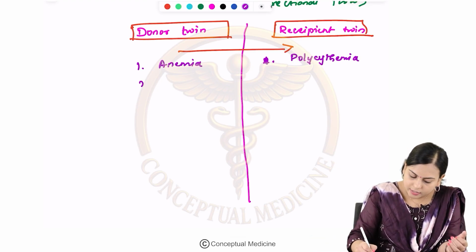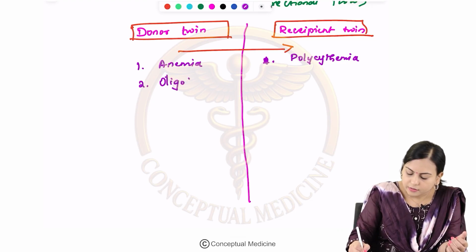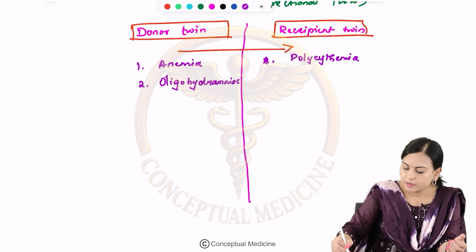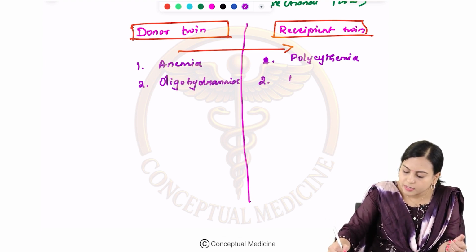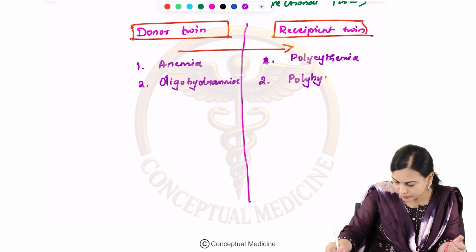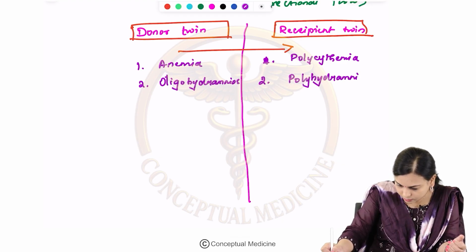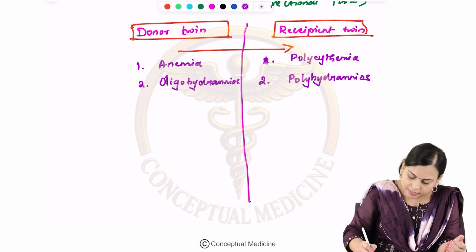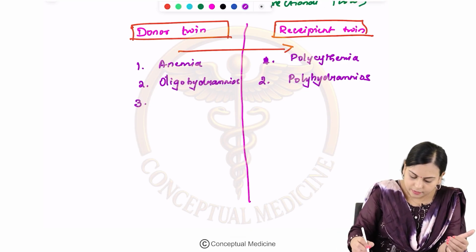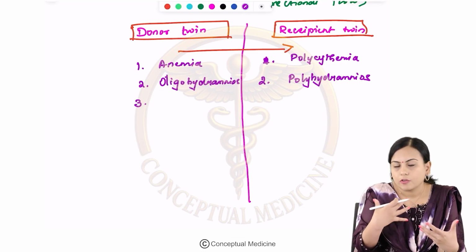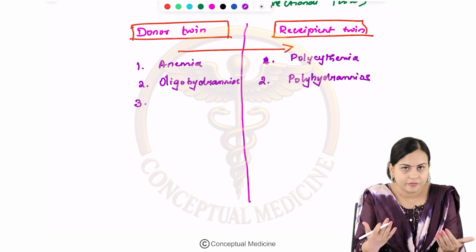Okay, and the next important point is in donor twin you will be able to see oligohydramnios, whereas in recipient twin there is polyhydramnios.